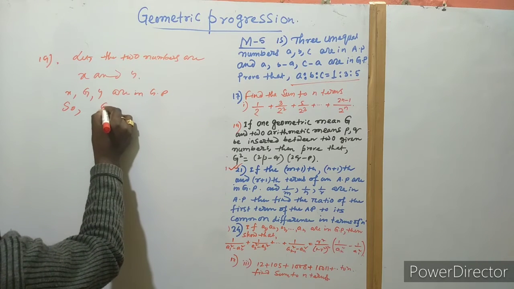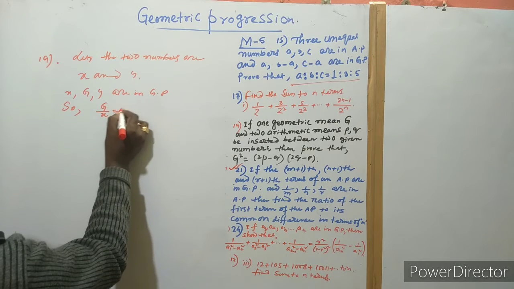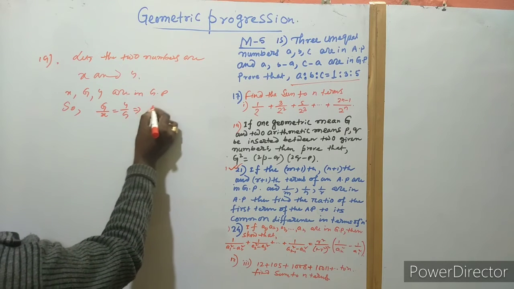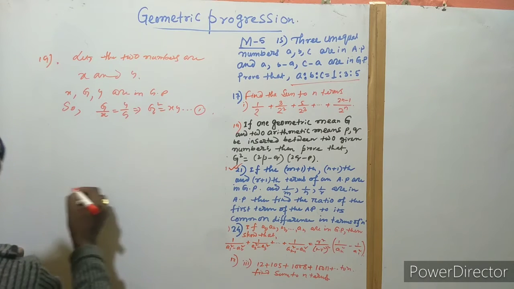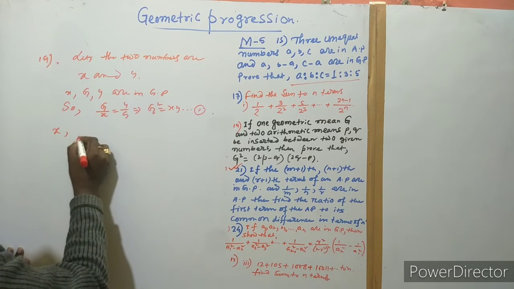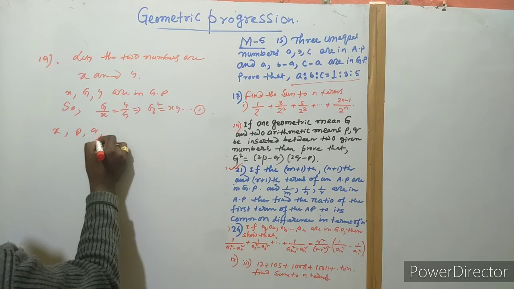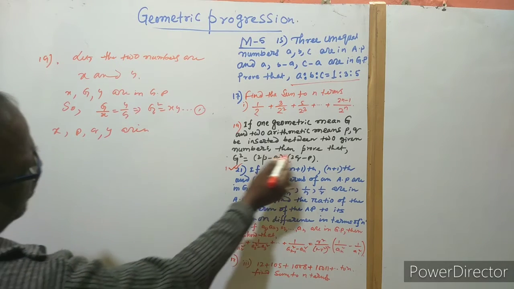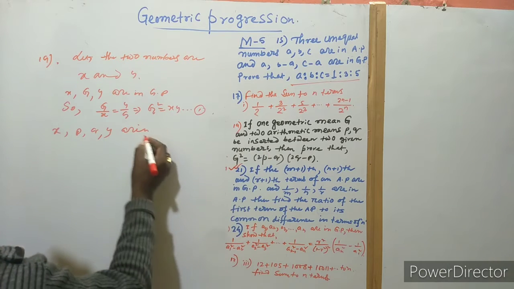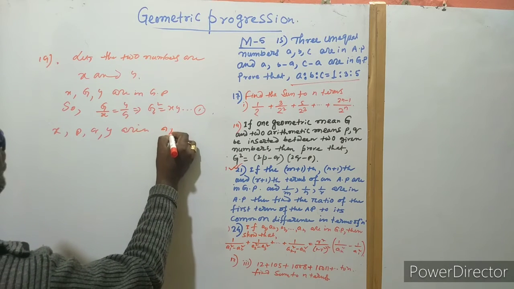So G by x equals y by G, and that is equal to G square equals xy. This is 1. After that, x, P, Q, y are in AP, with the two arithmetic means inserted between the two numbers, so they are in AP.